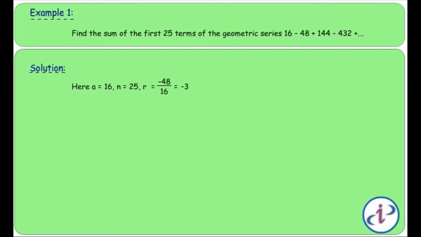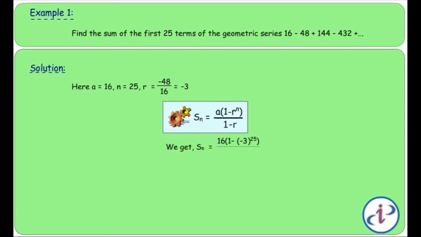Substituting the values of a, n, and r in the formula, Sn equals a times (1 minus r to the power of n) whole divided by 1 minus r. We get 4 times (1 plus 3 to the power of 25). Thus, the sum of the first 25 terms of the geometric series is equal to 4 times (1 plus 3 to the power of 25).